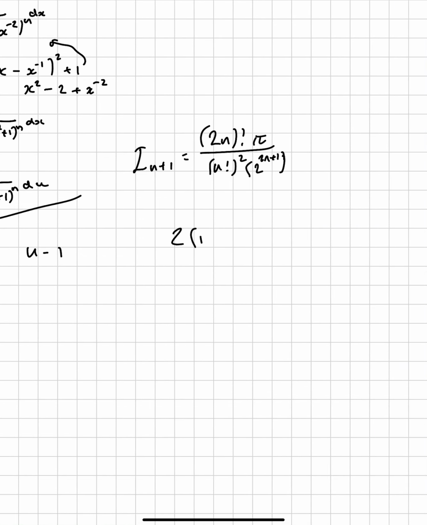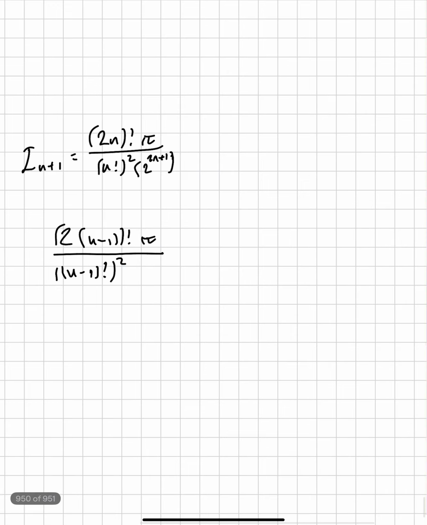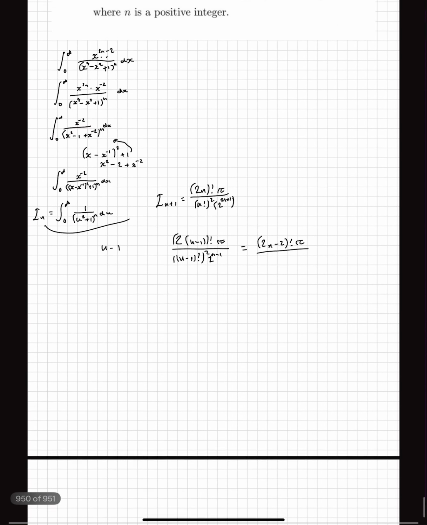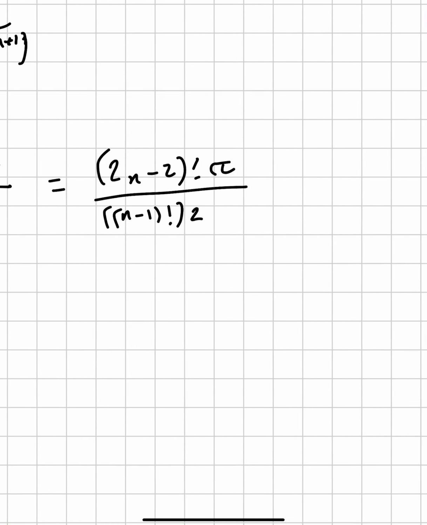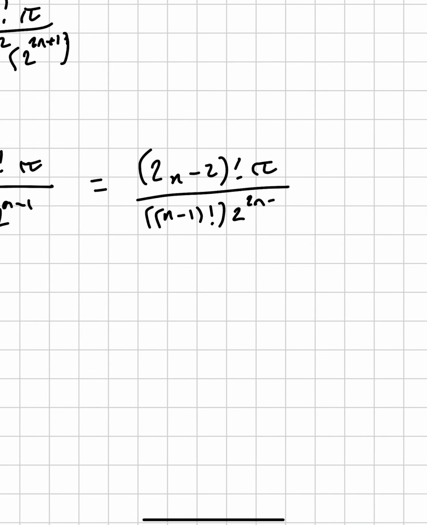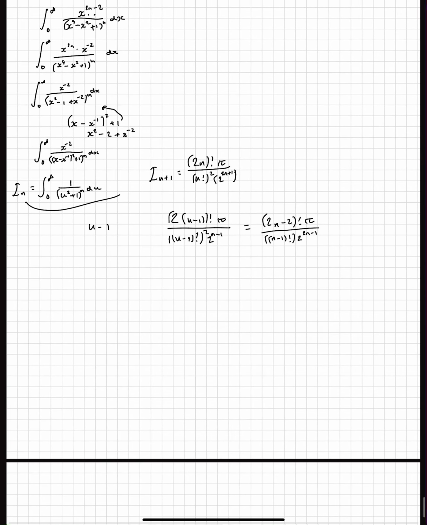So we have 2 times n minus 1 factorial times pi over, okay, n minus 1 factorial squared times 2 to the, and that's just going to be n minus 1. So 2n minus 2 factorial times pi over, I think that's right, and then that'll be over n minus 1 factorial squared times 2 to the 2n minus 1, which I think is the correct final form.